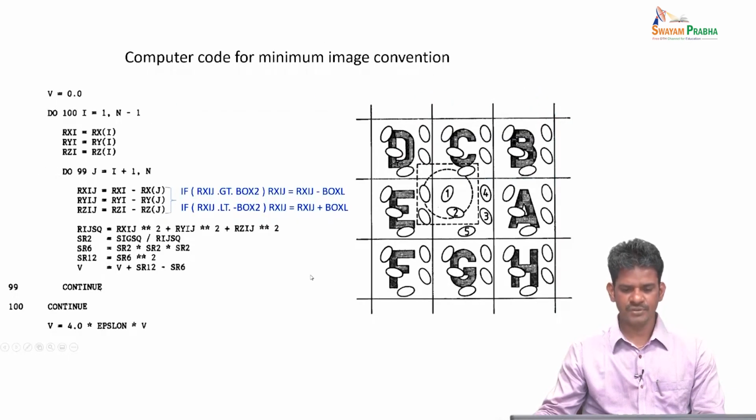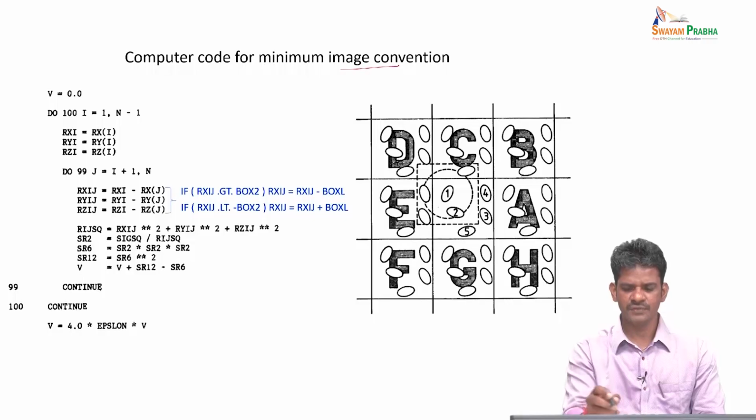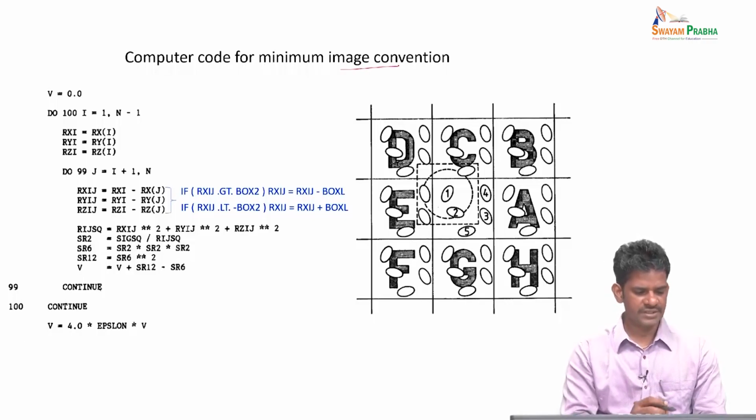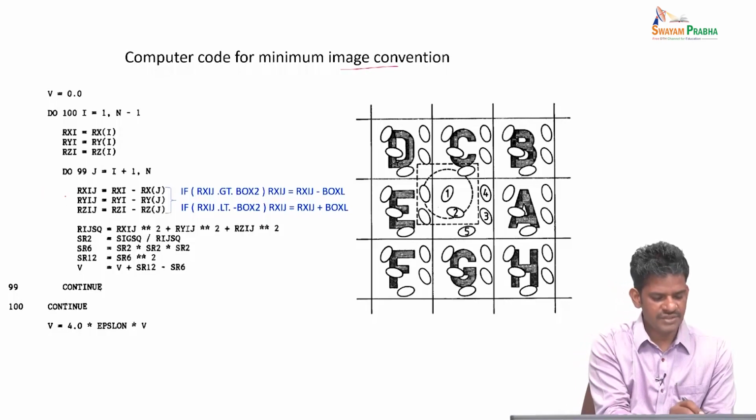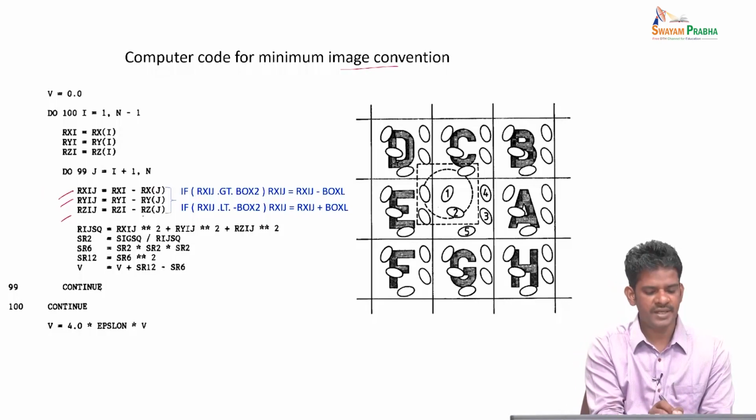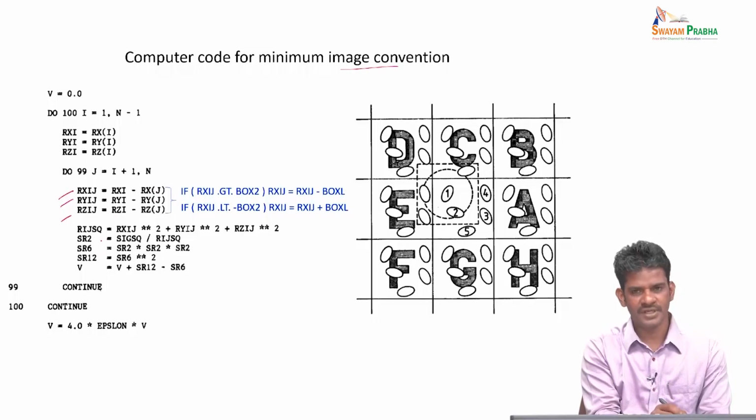Coming to the computer code for the minimum image convention, you may recall this pseudocode on the left, which we discussed for calculating interaction energy for Lennard-Jones. Right after you calculate the distance between I and J, before you go on to calculate the distance and potential energy, at this point you check whether Rxij is greater than box/2 or not.